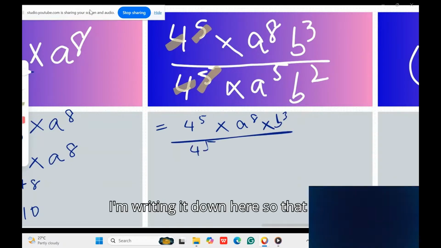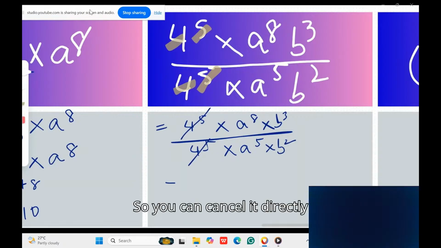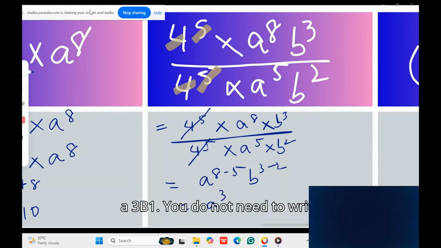I'm writing it down here so that it is clear to you. So you can cancel it directly. And then next step is a, 8 minus 5, b, 3 minus 2. It is a^3, b^1. You do not need to write 1. And here we are done. That's it. That's our answer.